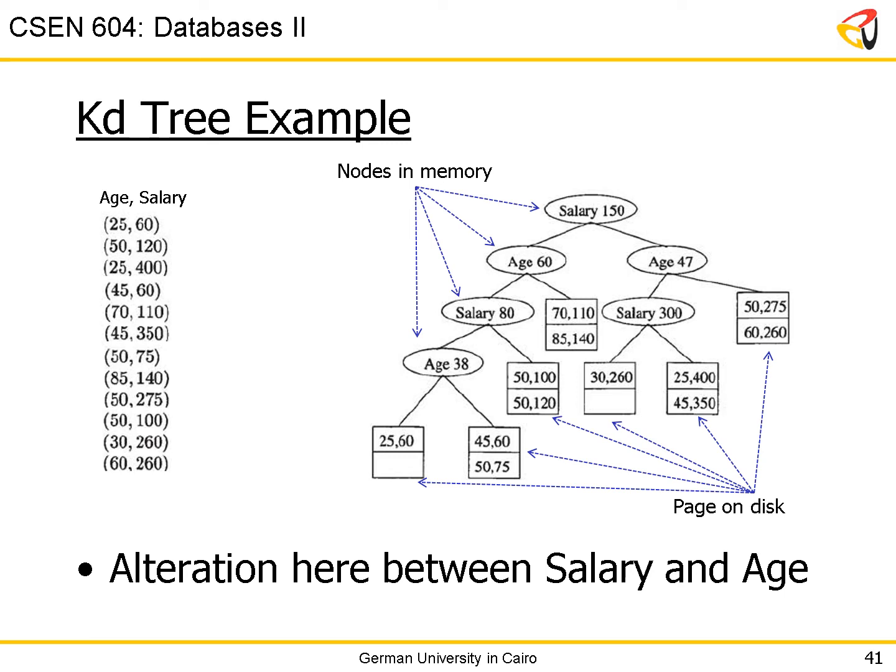It's missing the arrows that go to the pages of the table. That tells me where this row that has age 70 and salary 110 is. There will obviously be other columns or values for other columns in this table according to the table schema.